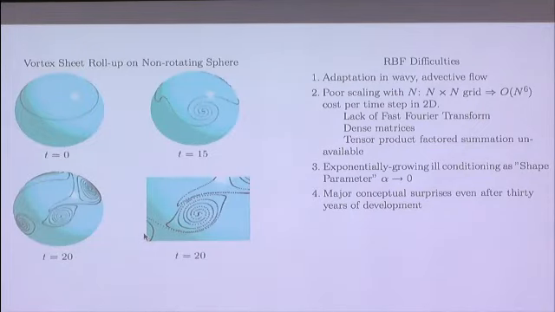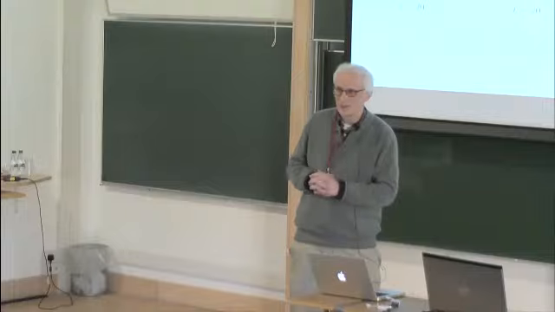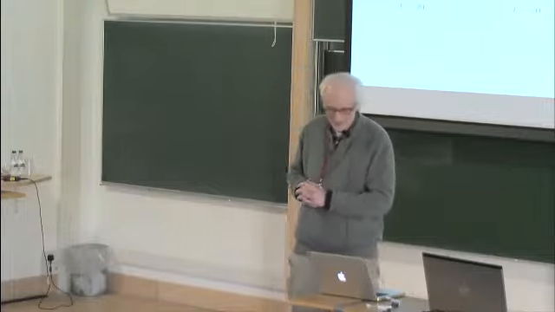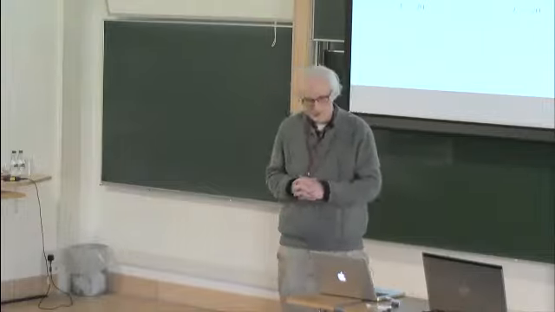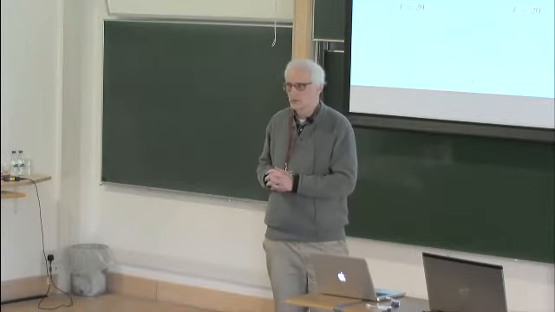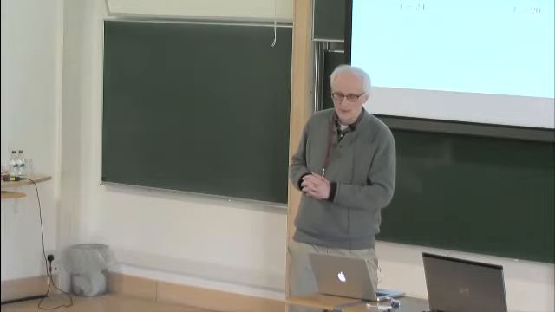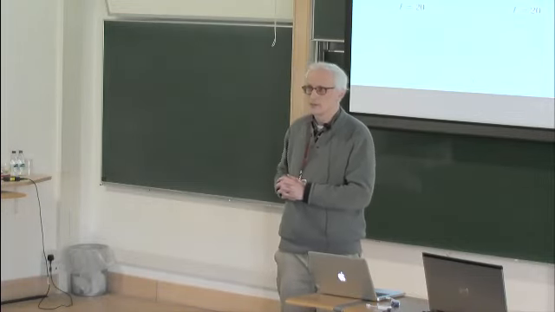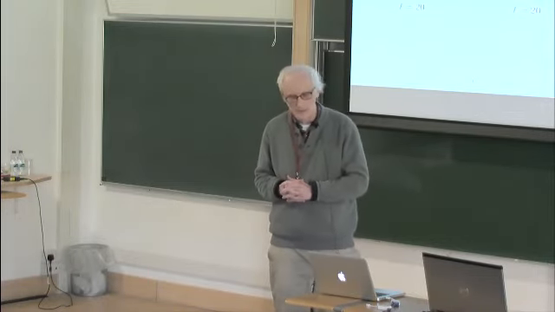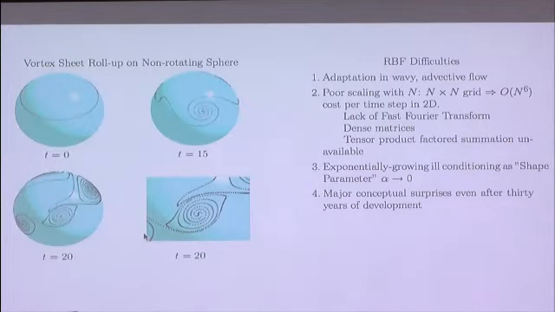Another difficulty is that RBF methods become exponentially ill-conditioned as the shape parameter alpha goes to 0, what RBF people call the flat limit. And that's kind of unfortunate because that's also the limit at which RBFs are most accurate. It turns out, happily, that there is a sort of safe operating range, usually alpha around 0.2 to 0.3 for Gaussians, where the accuracy is very good, but the ill conditioning is not that bad.